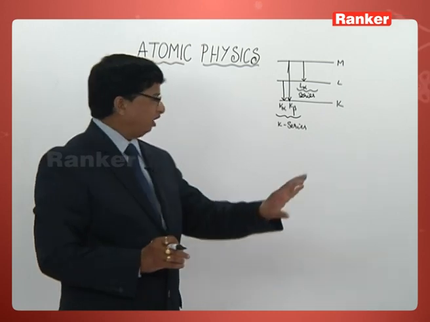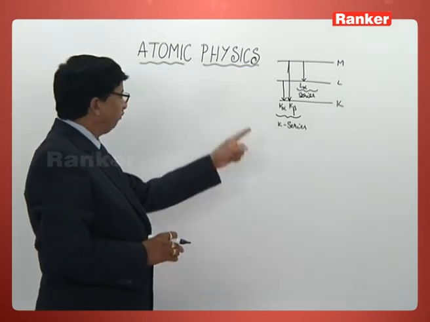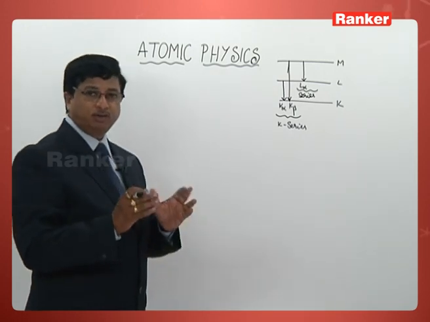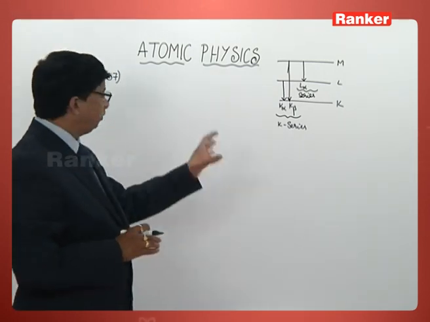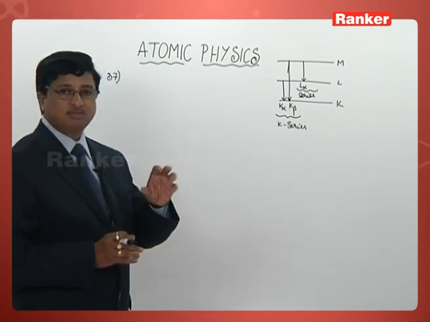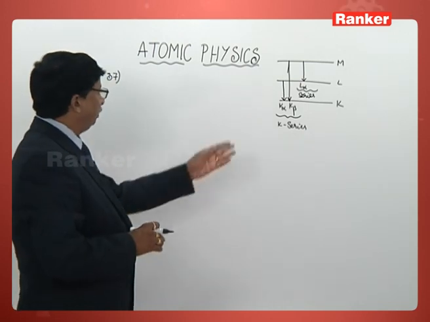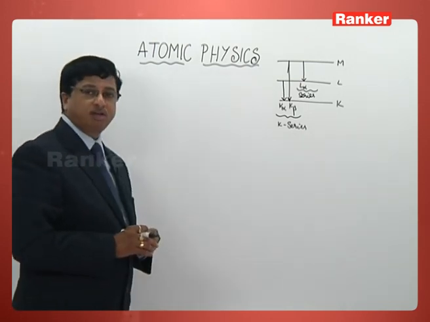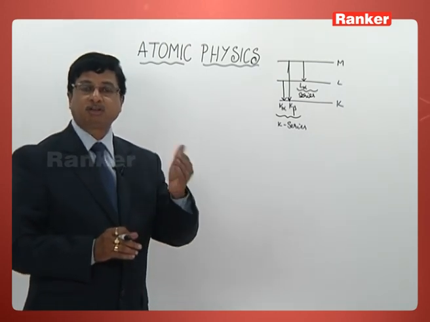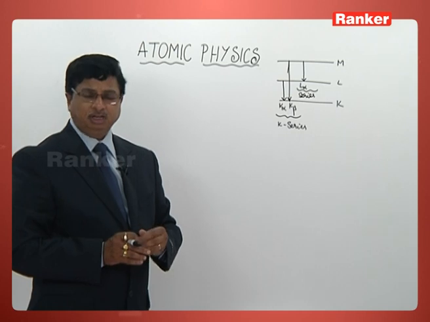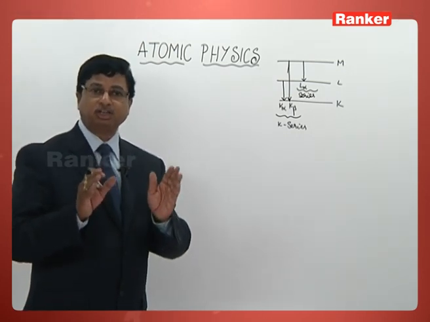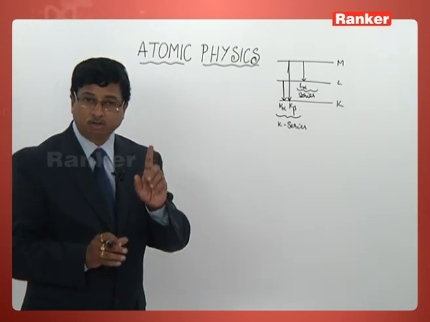Now, according to this concept, for the K alpha line, K beta line, and whatever else is in the K series, we write Moseley's law like this. What is this concept of Moseley's law? First of all, the square root of the frequency of the spectral line obtained is directly proportional to the atomic number of the target material used in that X-ray tube.